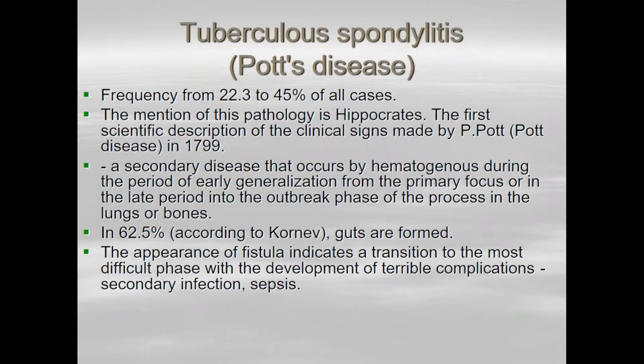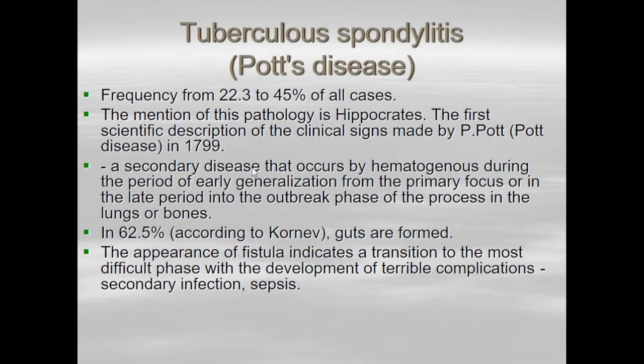Tuberculous spondylitis, Pott's disease. Frequency from 20 to 45% of all cases. The first mention of this pathology is by Hippocrates. The first scientific description of the clinical symptoms was made by Professor Pott in 1799.